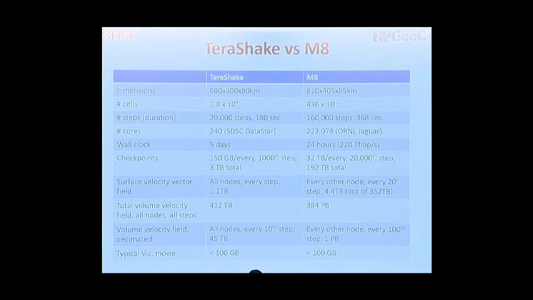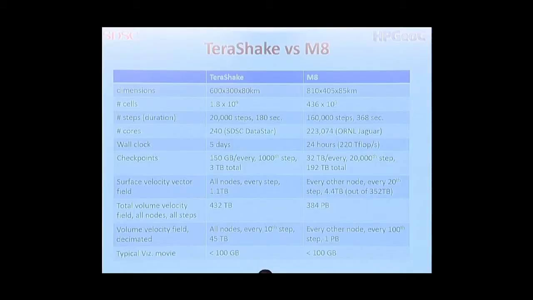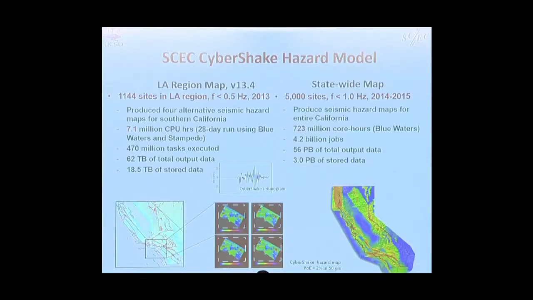What's particularly different is that the system at that time, Jaguar, would barely survive for a few hours, so we had to keep writing checkpoints to the file system. That is roughly 32 terabytes of data for a single time step. That challenges both the Lustre file system and also the application's scalability.